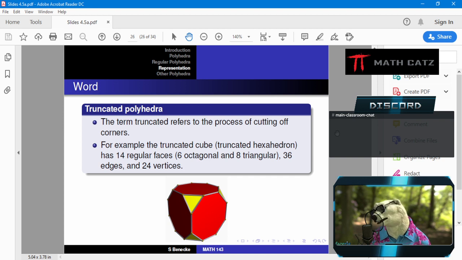Then we relaxed that by allowing more than one type of polygon to be faces of my polyhedron. Still regular, but I have more options now. So for example, the truncated cube is a polyhedron with, I guess we can call it semi-regular in a way, with regular octagons and regular triangles, but I have more than one type.